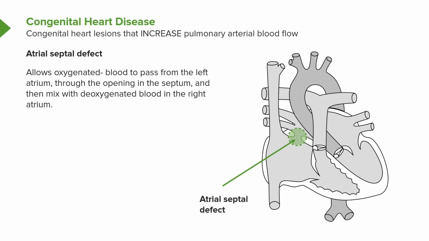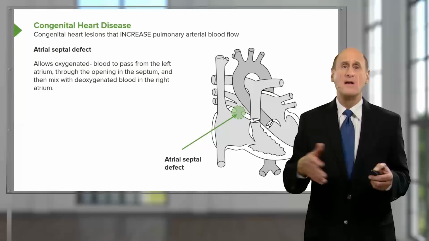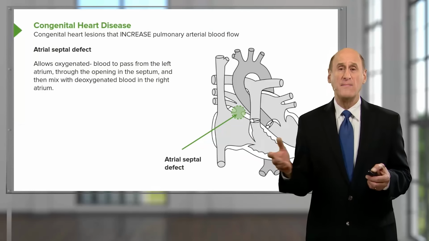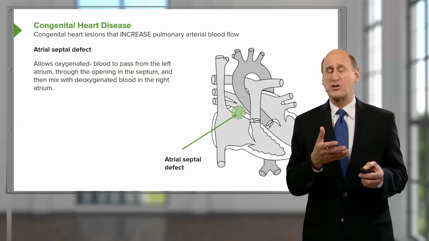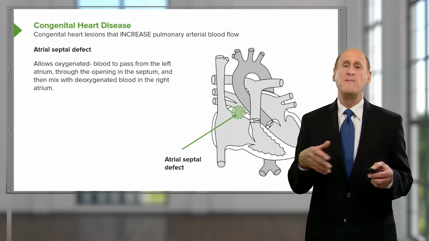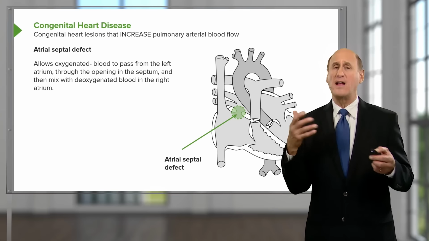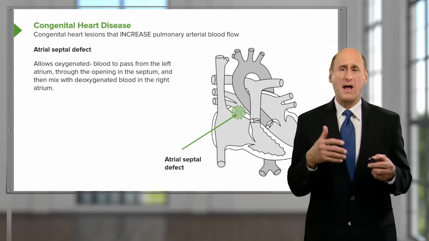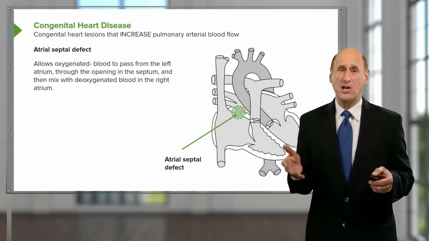In many instances, it's already been corrected in childhood, and there are some few minor problems that can occur later in life, some arrhythmias and so forth, but most of these patients do perfectly well and lead normal life expectancies if the defect has been closed. If the defect isn't closed, as I mentioned before, the increased pulmonary blood flow can lead to pulmonary hypertension and eventually right ventricular failure, cyanosis, all kinds of things that markedly disable the patient.